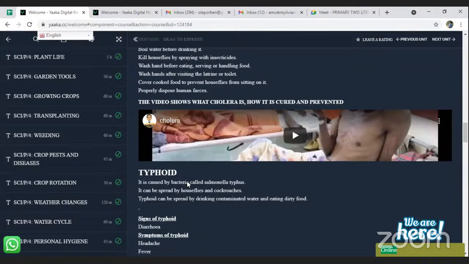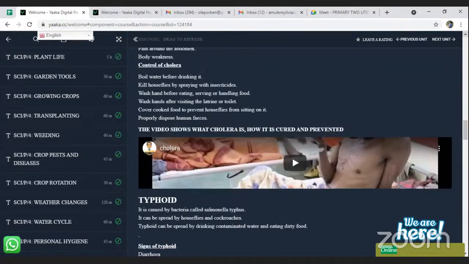And they can also ask you to mention any immunizable disease that is caused by... and then they can go on and ask the causes of this Salmonella.